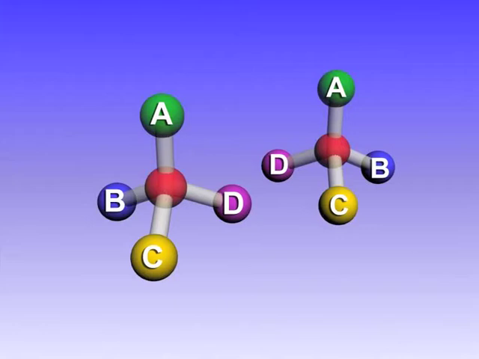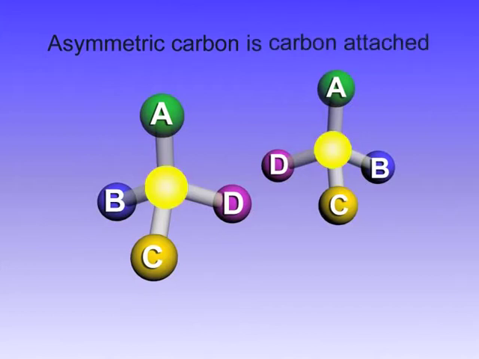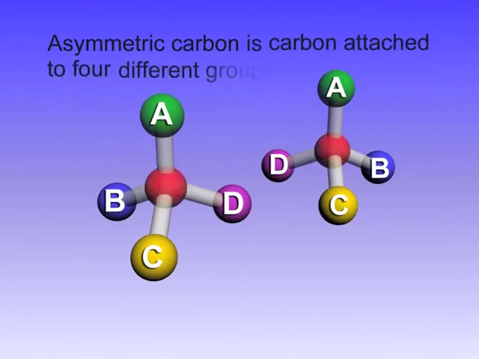As you see on the screen, in the given structure group B is interchanged with group D about the central asymmetric carbon. I am sure you all know that an asymmetric carbon atom is one to which four different groups are attached.